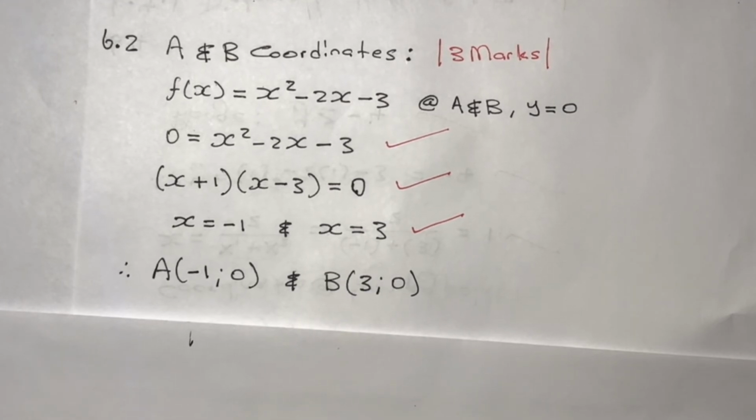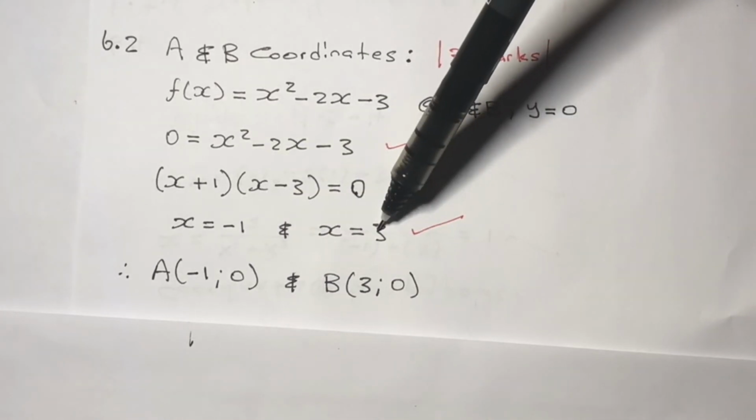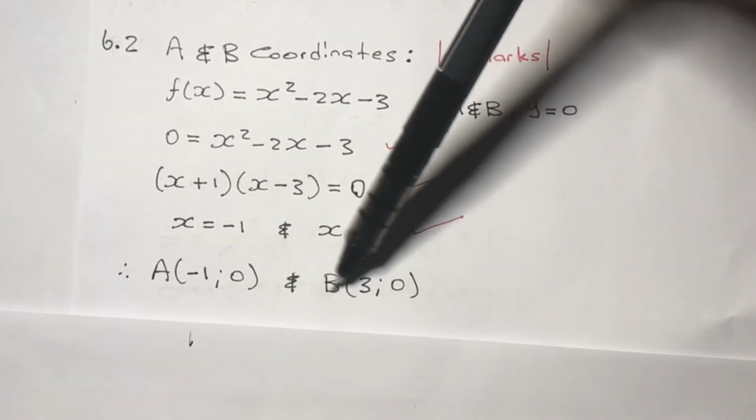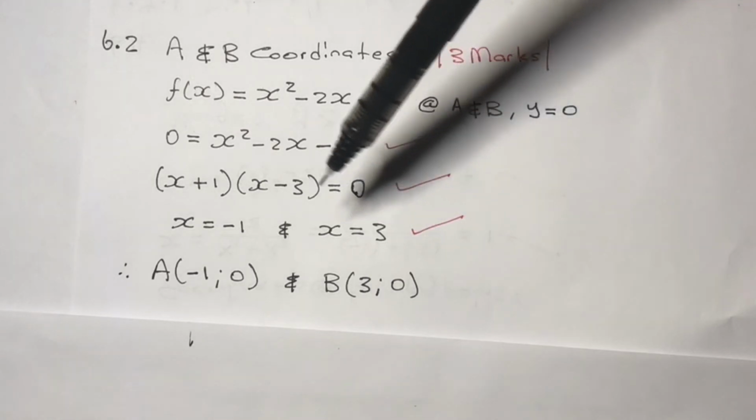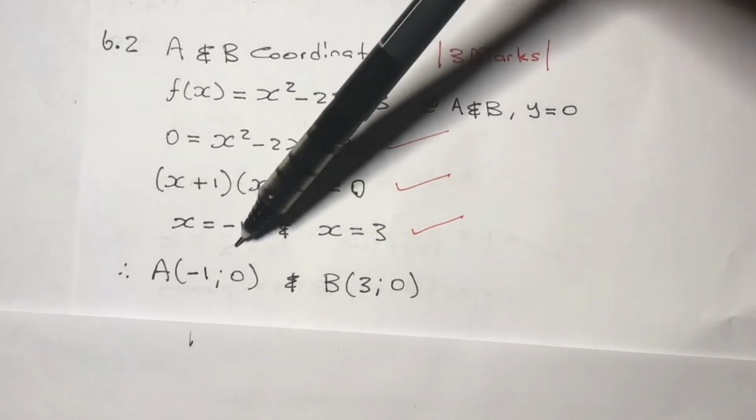So that's how you solve for question 6.2, where you're requested to provide the coordinates of A and B. Remember, this is the x value, this is the x value, and these are the coordinates. You were not instructed to provide the x value, so you don't end it there.